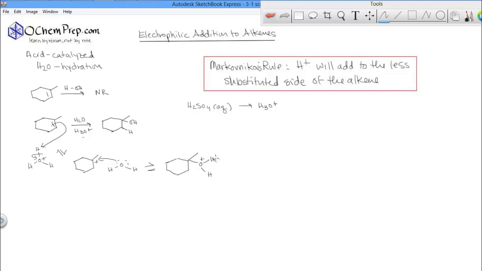The last step is we need to reform the catalyst. We use the other water to come and pick up that proton, deprotonating the alcohol to form the product. So remember, use the catalyst first and then make the catalyst last.